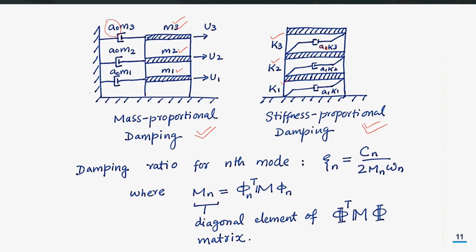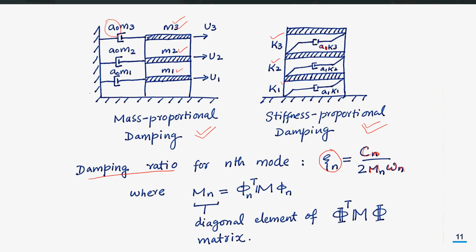So let's consider the construction of these matrices using the damping ratios for any particular modes, the modal damping ratios. We know that the modal damping ratio of any nth mode, xi n, will be the generalized modal damping coefficient Cn divided by 2 times the modal mass mn multiplied by the frequency of that nth mode.